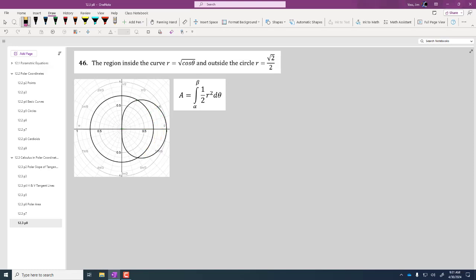So we're given these two polar curves, and at first glance it might not be obvious which is which, but let's think about it for a minute. We know that if we take the polar variable r and set it equal to a constant, the graph of r equals a constant is a circle.